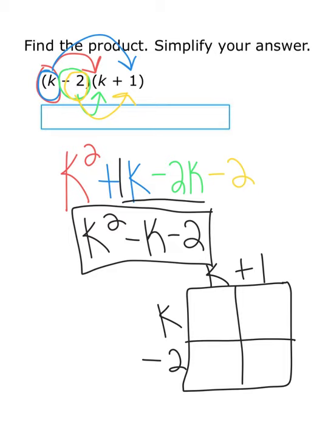So k times k would be k squared. K times 1 is just k. Negative 2 times k is negative 2k. And then negative 2 times 1 is negative 2.